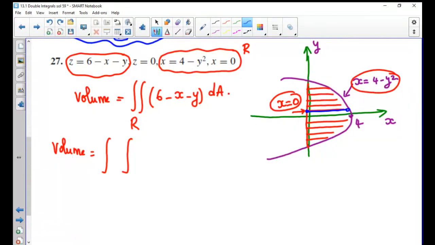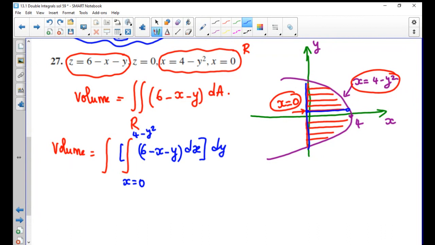So we integrate with respect to x from x equal 0, which is this curve, to 4 minus y squared.